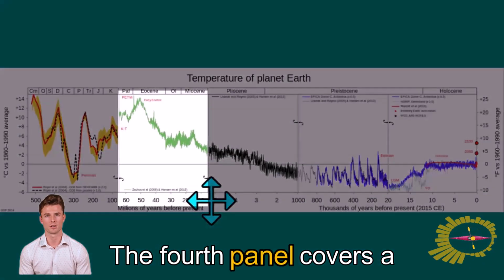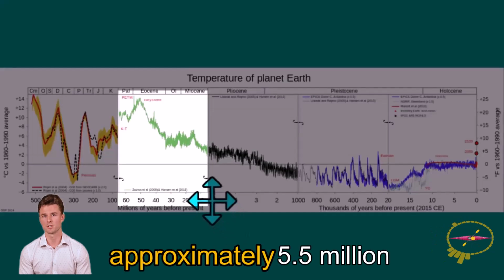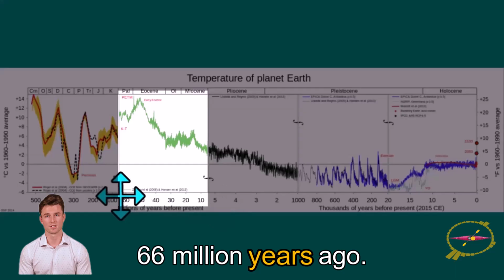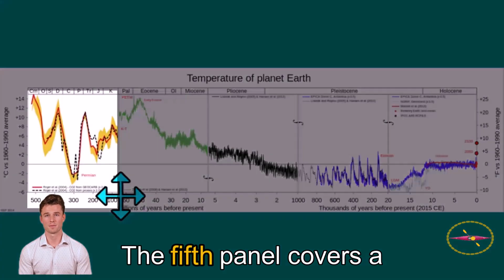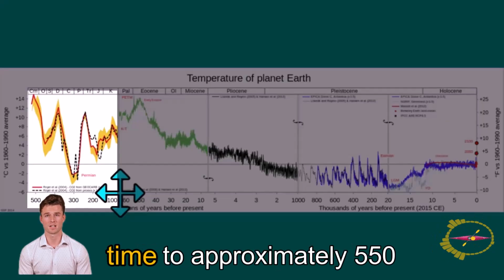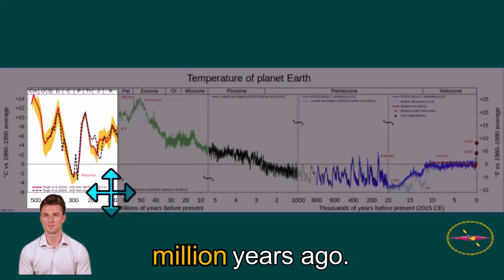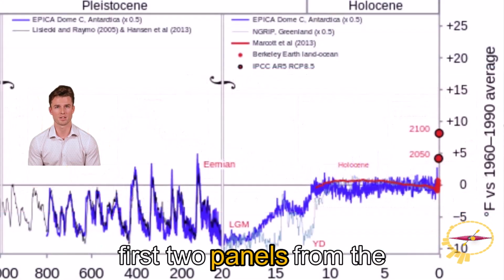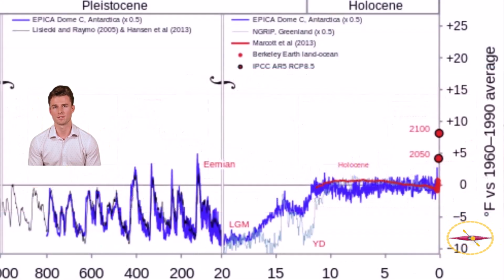The fourth panel covers a period of time from approximately 5.5 million years ago back in time to 66 million years ago. The fifth panel covers a period of time from 66 million years ago back in time to approximately 550 million years ago.